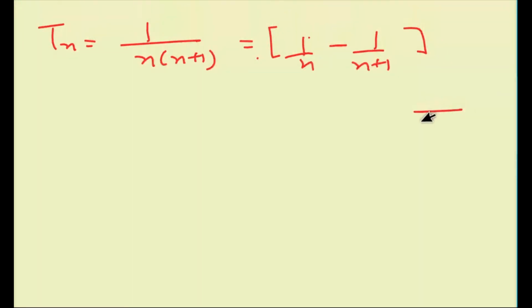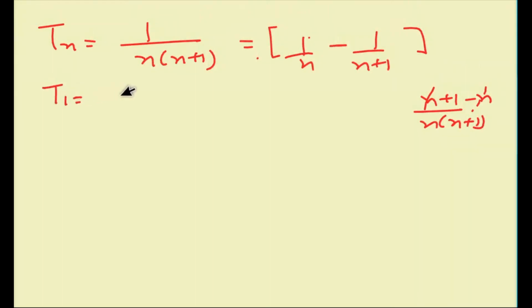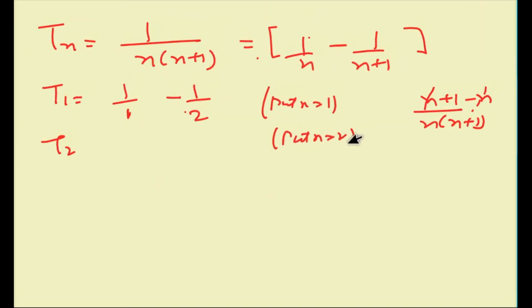So taking the LCM, we get n plus 1 minus n, which is 1 upon n(n plus 1). Now we write T1 as 1 upon n minus 1 upon n plus 1, putting n equal to 1, giving 1 minus 1 upon 2. Then put n equal to 2 and so on.